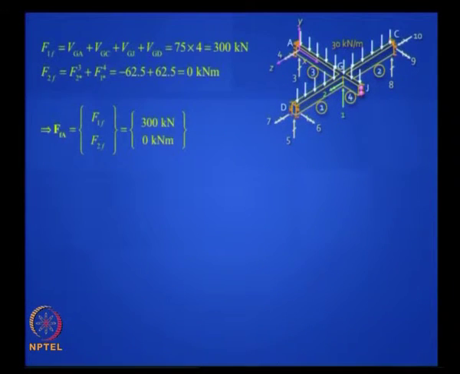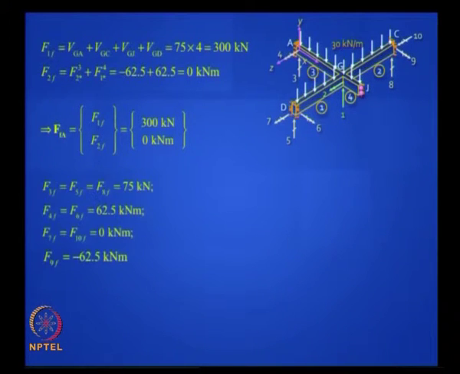Then you can add up all the vertical reactions and you can find the equivalent force vector. 75 into 4 is 300 kilonewton, it is acting upward, so that is your fixed end force for F1. F2 gets cancelled out because minus 62.5 and plus 62.5 neutralize each other.